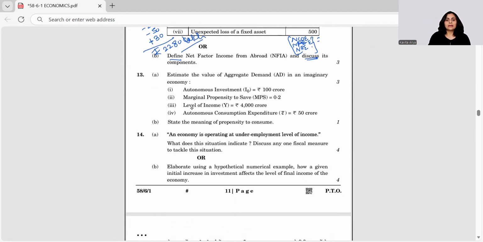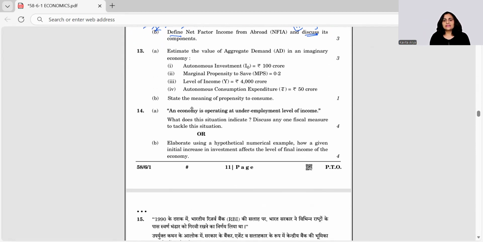Now, 13th A part, estimate AD. AD means we know C plus I is AD. So let us find, do we have C and I both? Autonomous investment I is given, good. MPS is given to be 0.2, so MPC becomes 0.8. Level of income is Y, 4,000. Autonomous consumption expenditure C bar is given with us. So AD is equal to C bar plus bY plus I, because AD is equal to C plus I. So let's put the values.